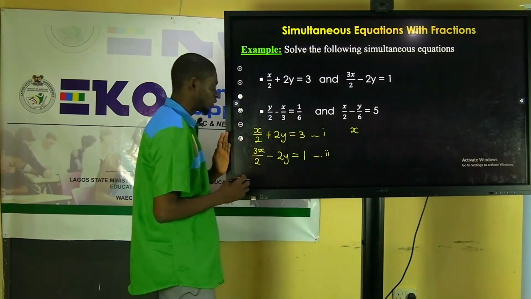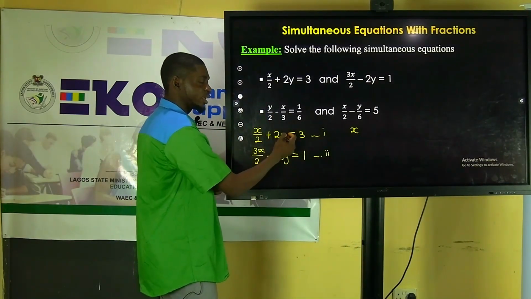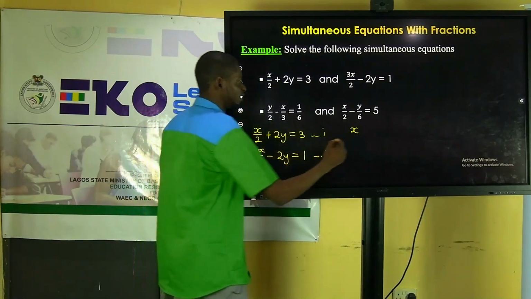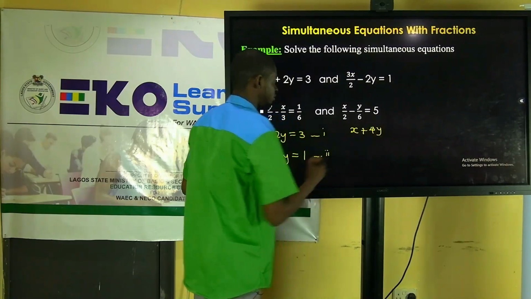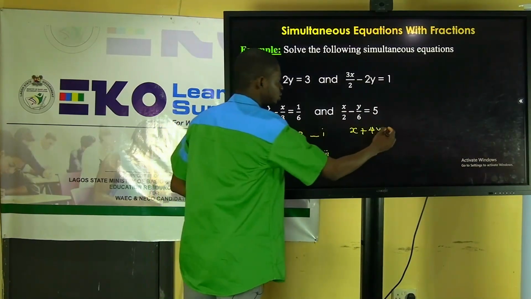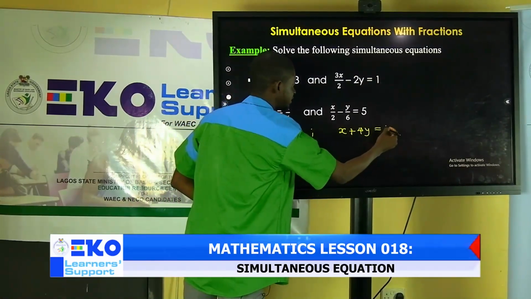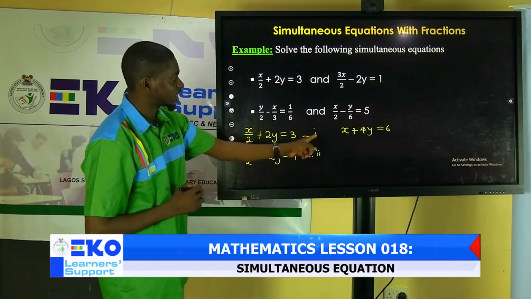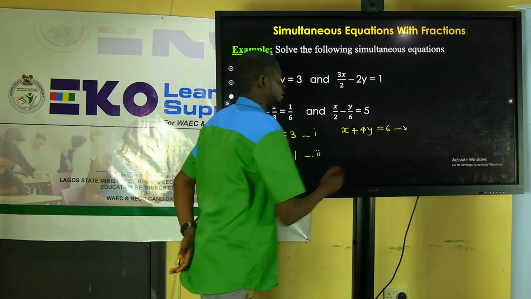You multiply this one by 2. Remember, 2y over 1 is the same thing as 2y. So you multiply it by 2. That gives you 4y equals, you also multiply this 3 by 2, making 6. That equation has been reproduced into something new, which we can call equation star.